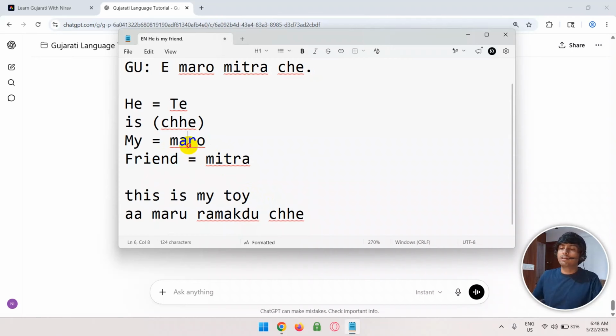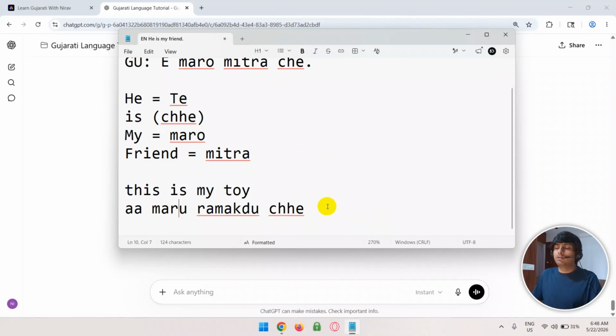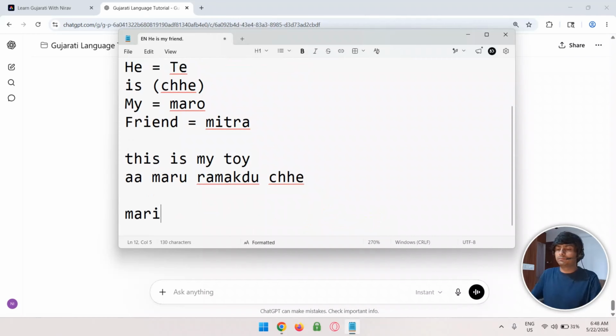But if it is an entity, something like a toy, we say maru or mari, according to sentence structure.